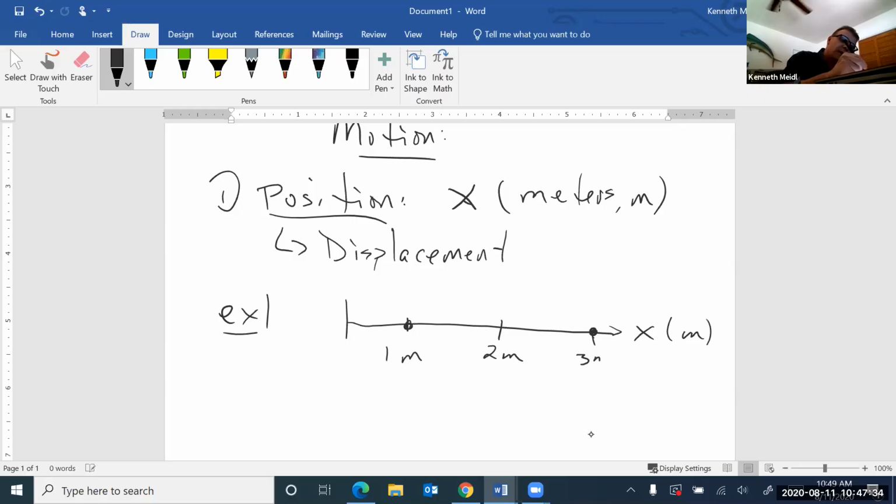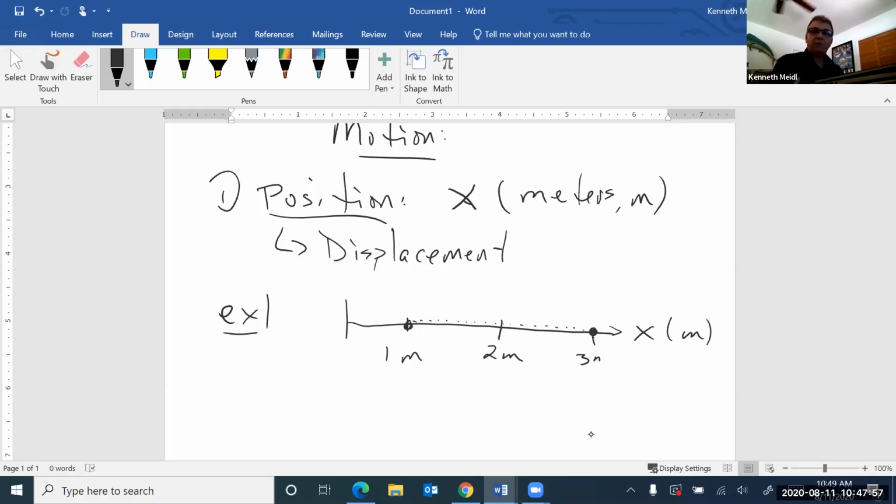So it's going to go at the 1 meter mark, and it's going to go until it hits the 3 meter mark. Okay. So what is the distance that the object moved? Well, the object moved 2 meters. It moved 2 meters to the right, or it moved 2 meters in the positive x direction.